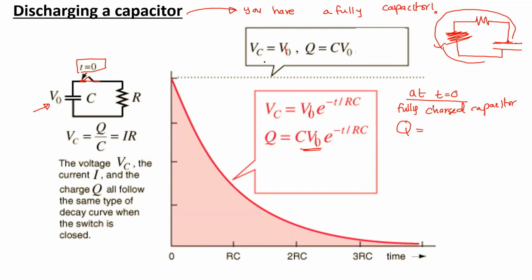VB means the voltage of the previous battery, the terminal voltage of the battery you used to charge the capacitor.